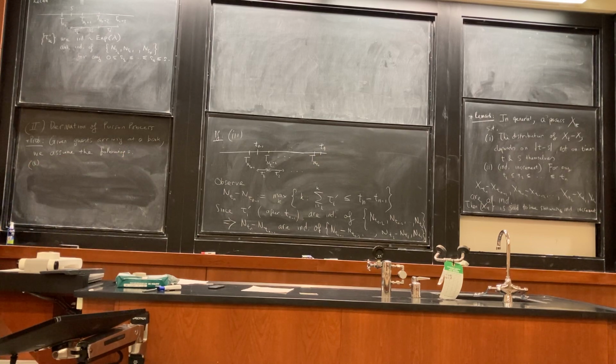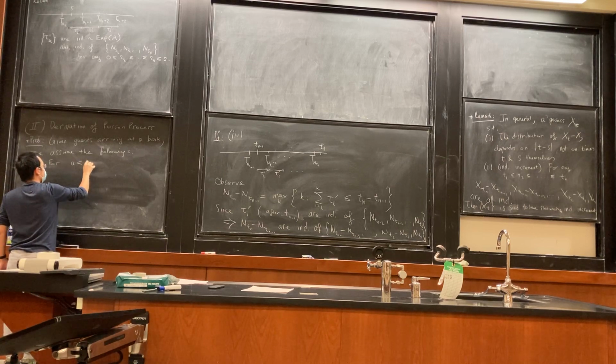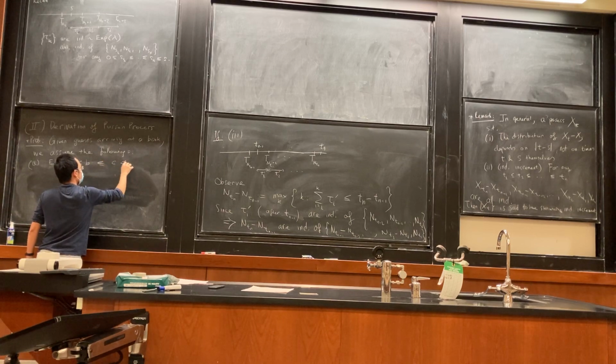I want to propose a simple model to model the arriving guests at a location. The first assumption: suppose I have a less than b less than c less than d.